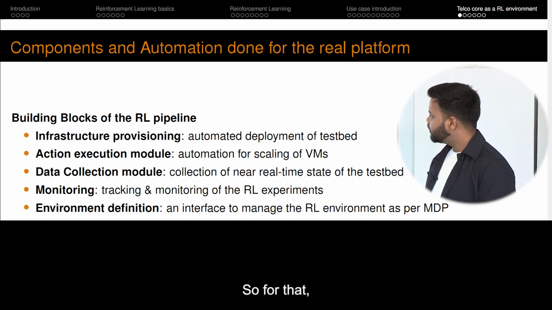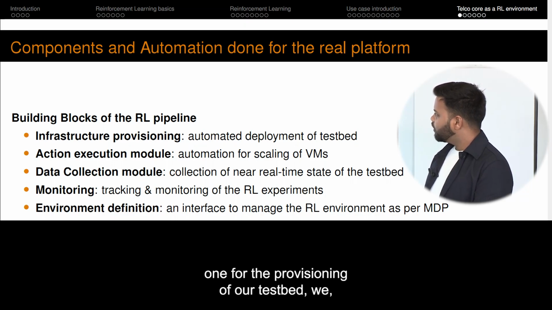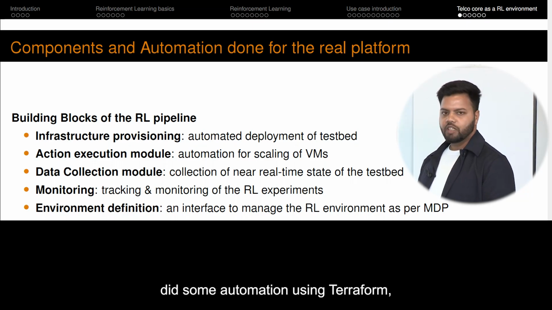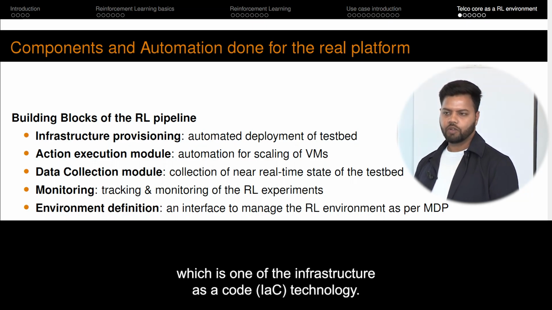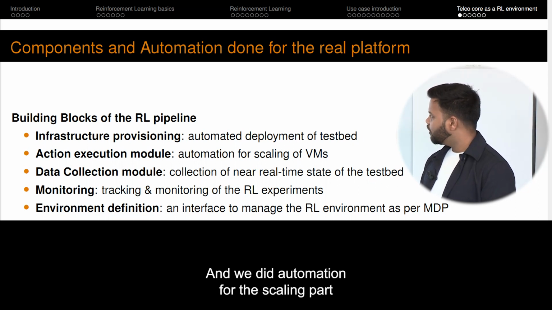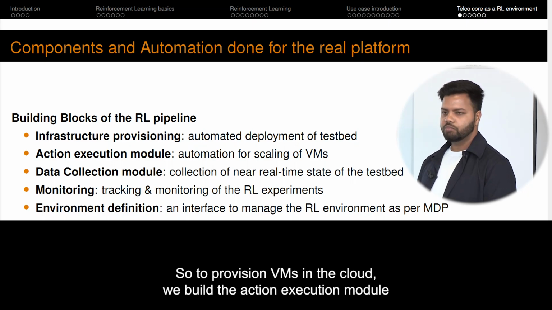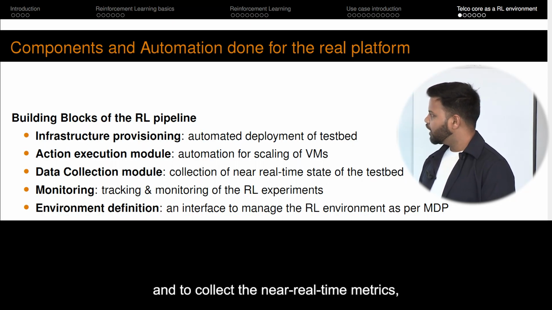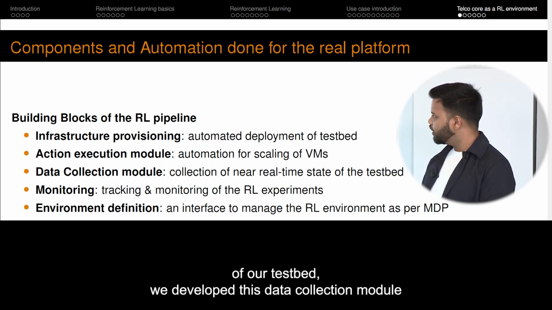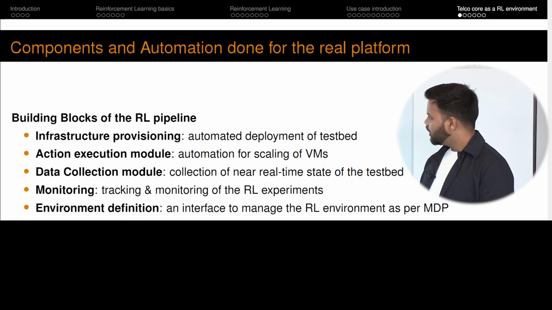So for that, for the provisioning of our test bed, we did some automation using Terraform, which is one of the infrastructure as code technologies. And we did automation for the scaling part. To provision VMs in the cloud, we built the action execution module. And to collect the near real-time metrics of our test bed, we developed this data collection module.